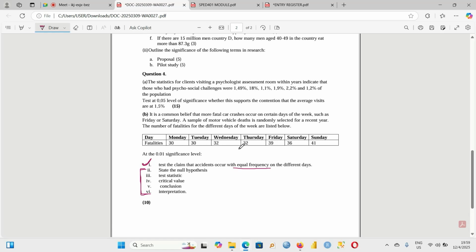So this type of chi-squared is a chi-squared under goodness of fit distribution. We can name it as chi-squared under goodness of fit distribution.